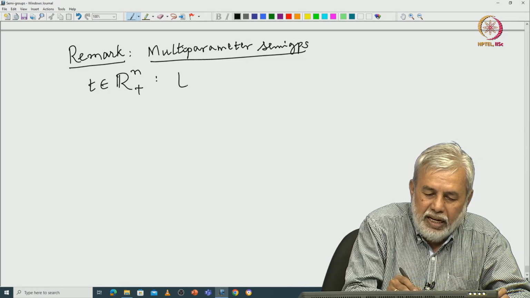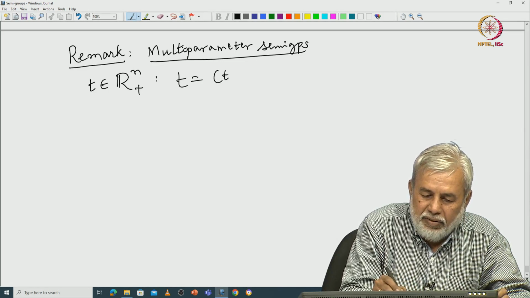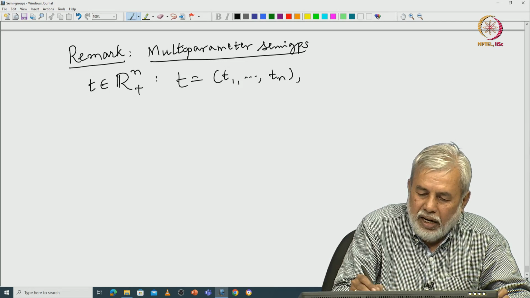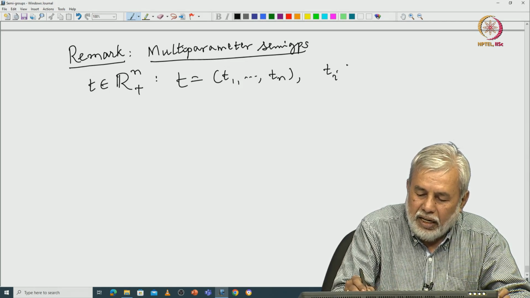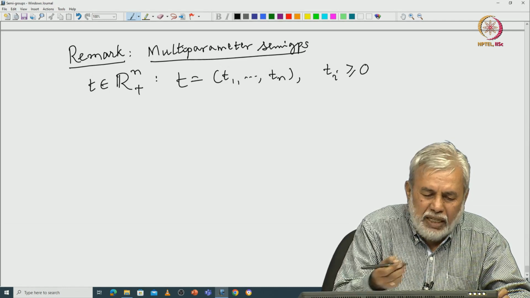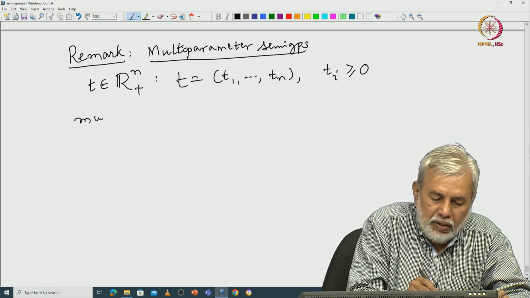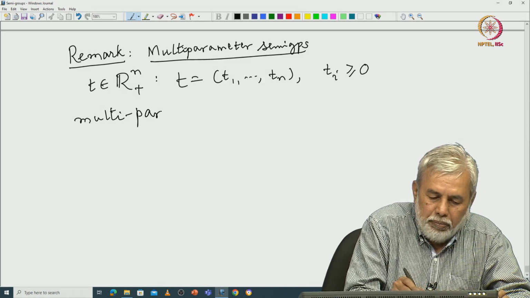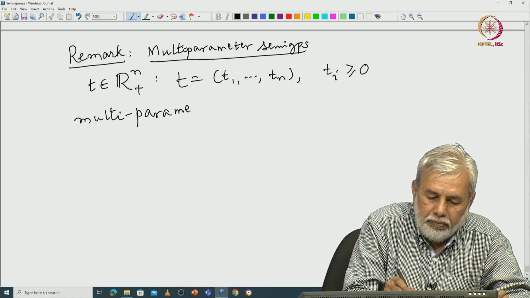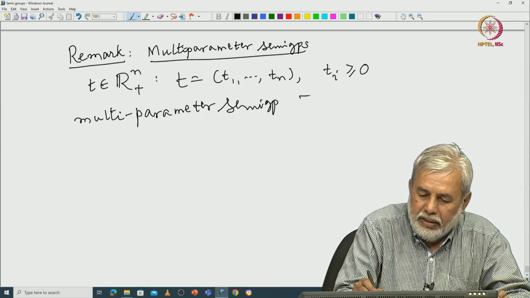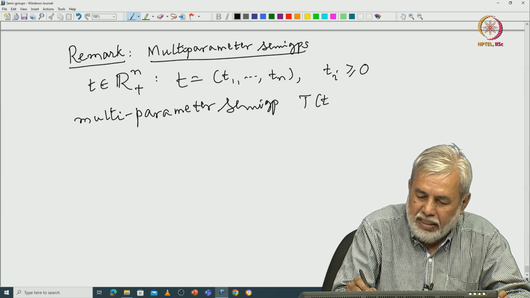So this t is (t1, t2, ..., tn), and each ti is non-negative. Okay. So same definition. So now a multi-parameter semigroup T(t), same definition, same condition.